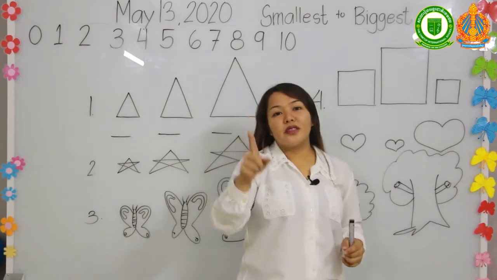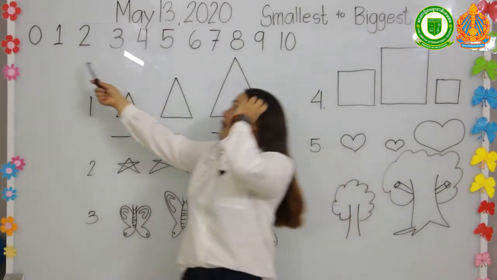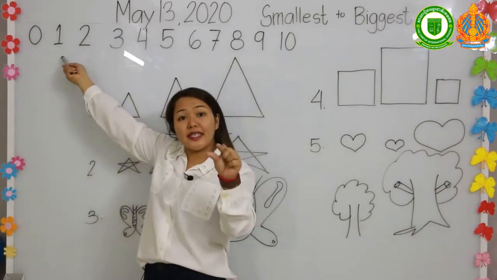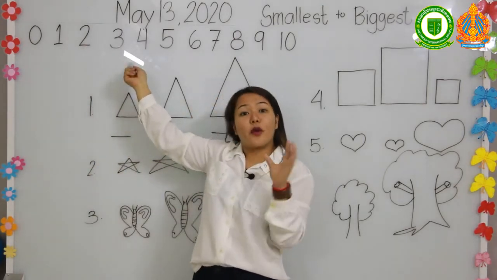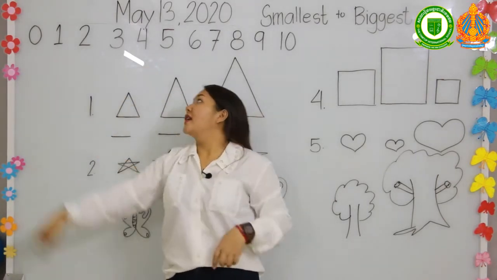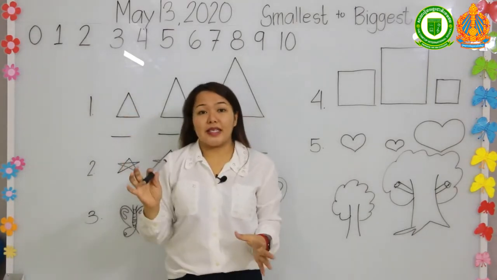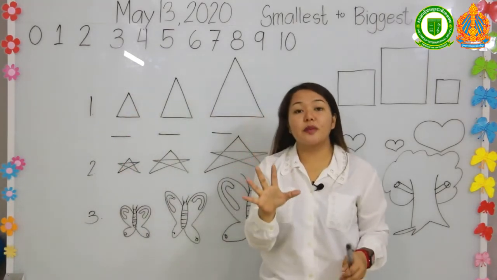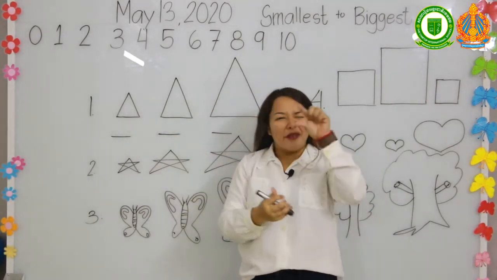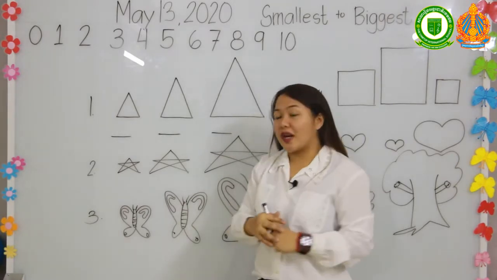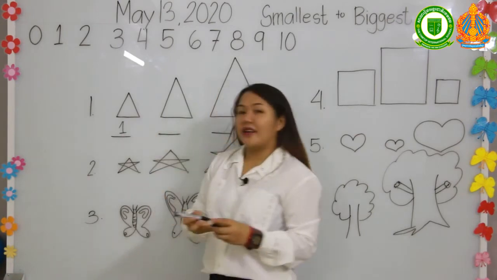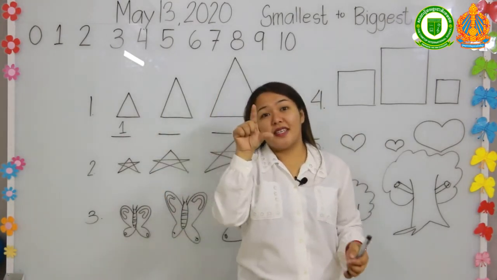What we're going to do is write 1, 2, or 3. 1 for the smallest and 3 for the biggest. I will answer number 1 for you. This is the smallest triangle. Very small. So we're going to write 1, because it's the smallest.